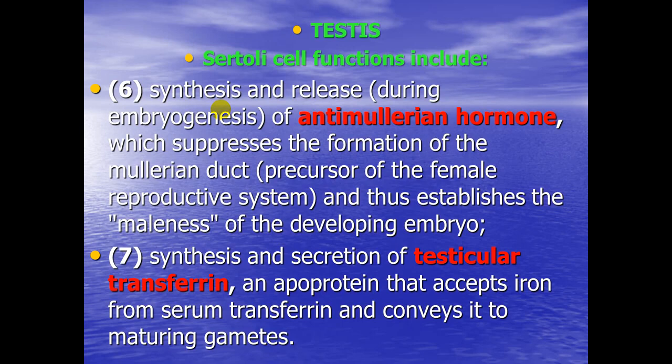You have to understand that if this hormone is not produced in the necessary volume, in the necessary concentration, there will be an abnormality of prenatal development, which is called hermaphroditism.